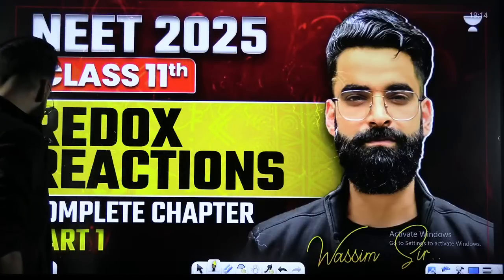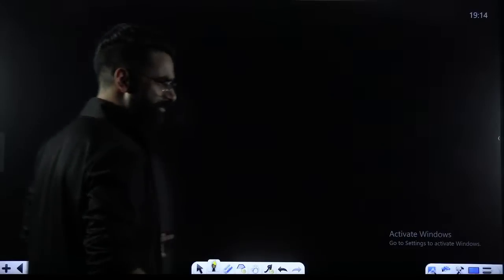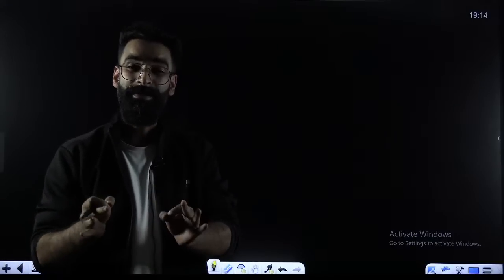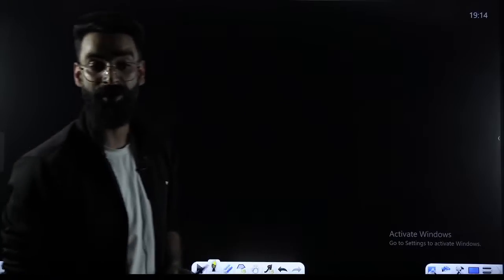So my dear students, this redox reaction chapter is one of the most important chapters of your chemistry. Chapters like electrochemistry, which is there in your class 12, are incomplete without this particular chapter. From this chapter in your NEET examination, like 2 questions for sure will be asked. So let's try to make this chapter as strong as possible.